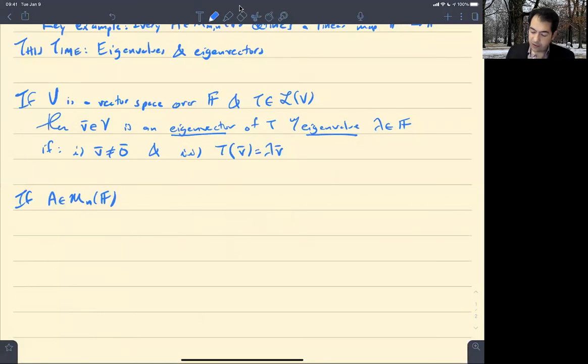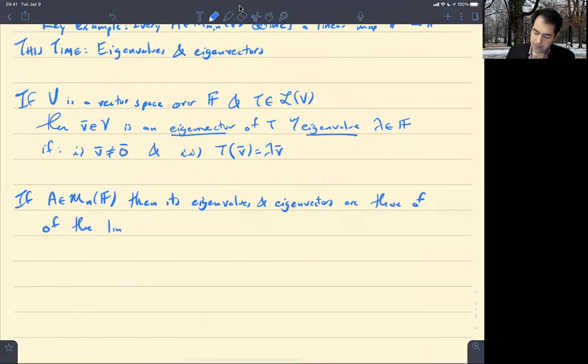Okay, so if A is a square matrix, then its eigenvalues and eigenvectors are those of the linear map from F^n to itself given by matrix vector multiplication.